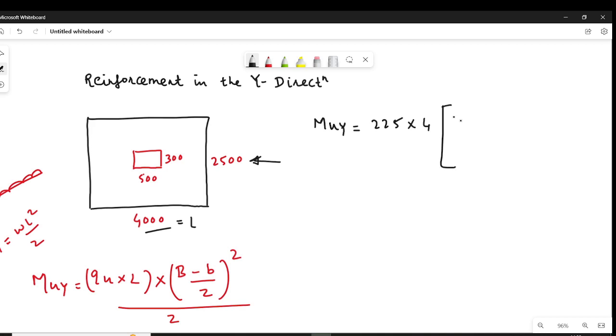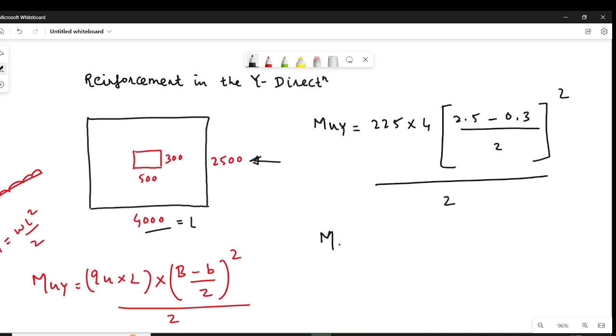The value of capital B is 2.5 minus small b value 0.3, divided by 2, whole square, divided by 2. So MUY comes to 544.5 kilonewton meter, sorry.